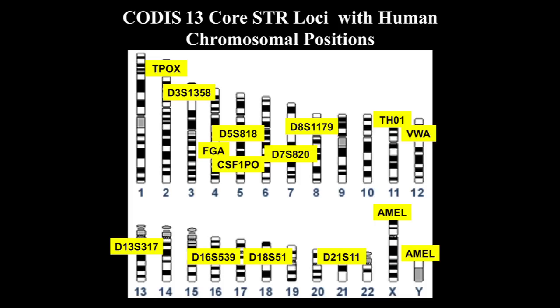So the CODIS of 13 core STR loci within the human chromosomal positions are shown here. They are throughout the different chromosomes represented by their identification markers on this slide.